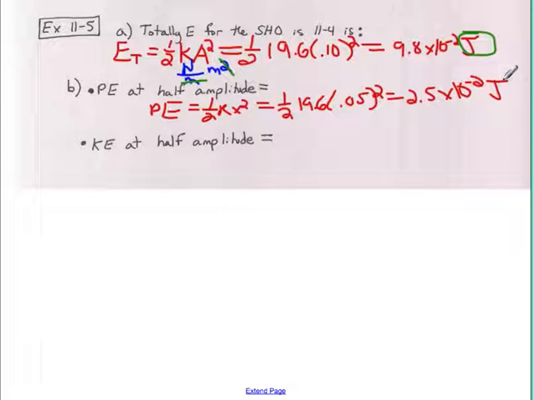So it could happen. 0.5 times 19.6 times 0.05 squared. Yeah, you get 0.0245. So that's 2.5 times 10 to the negative second. Let's write that out just in case. 0.0245. Then up here, let's do that one again too. So up here you get 0.098.